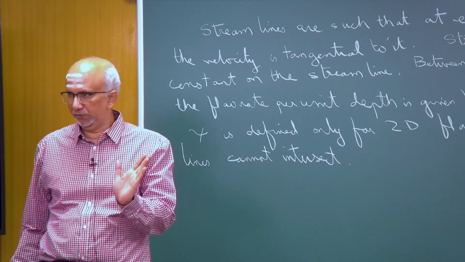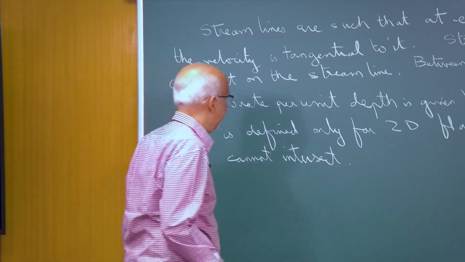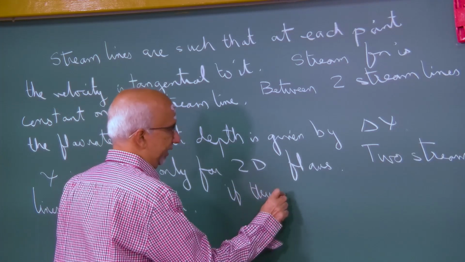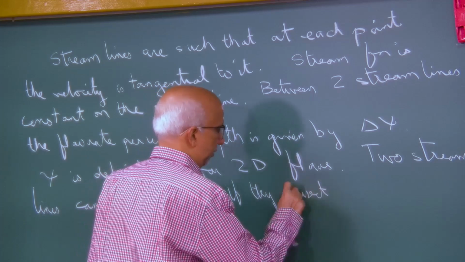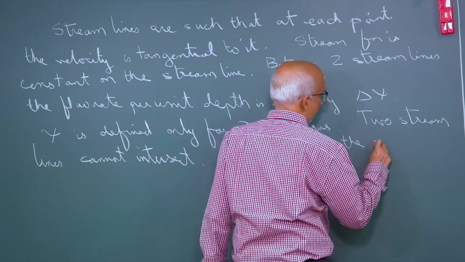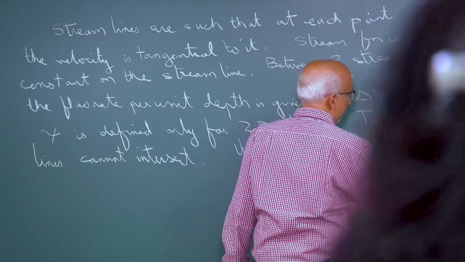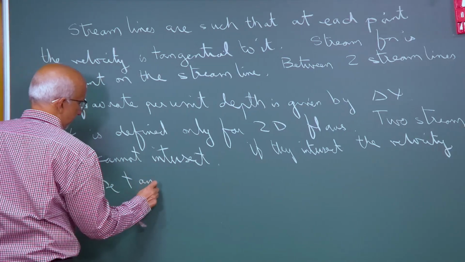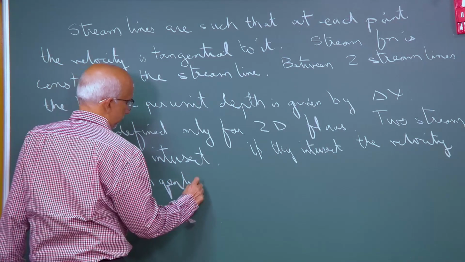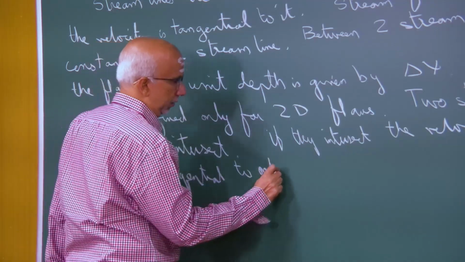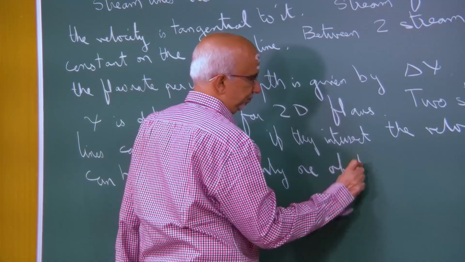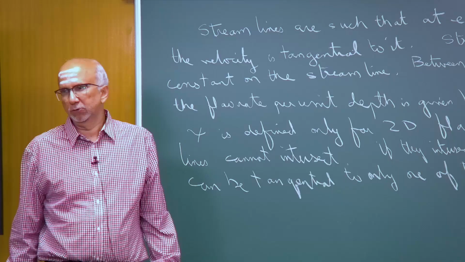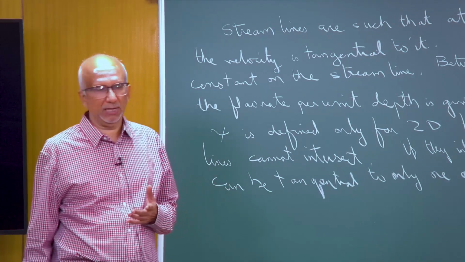The velocity can't go in two different directions, okay, because if they intersect, the velocity can be tangential to only one of them, okay, one of the streamlines. So, that is basically in a nutshell what we saw in the last class.